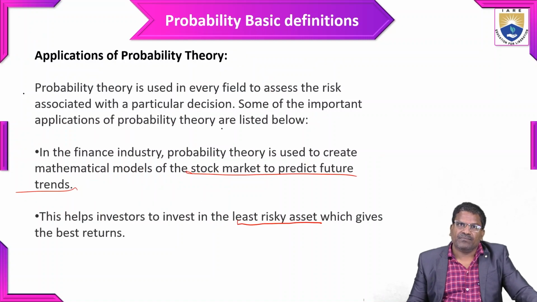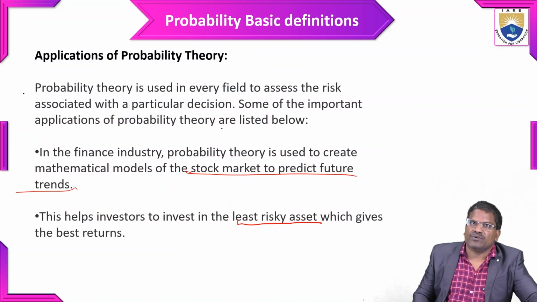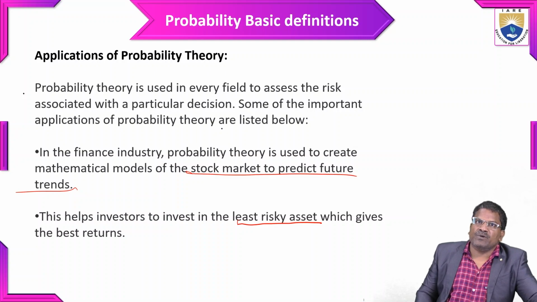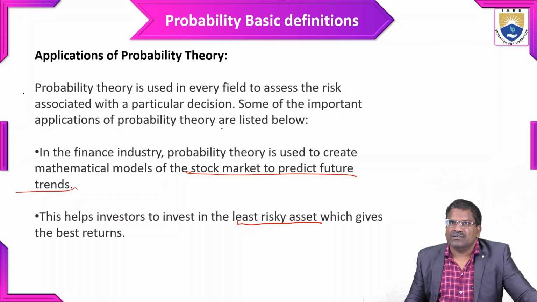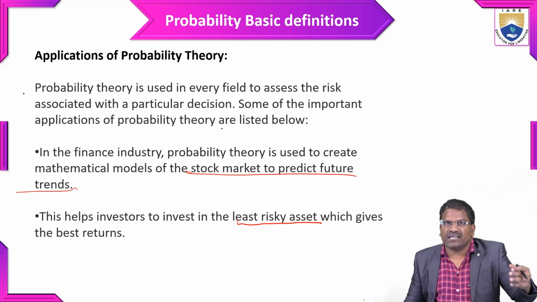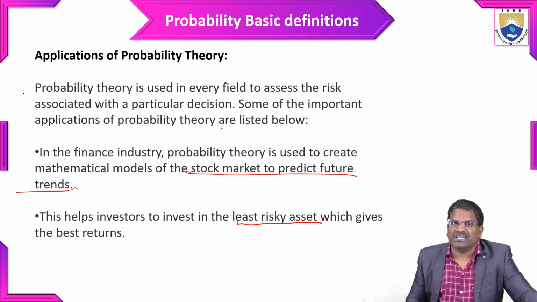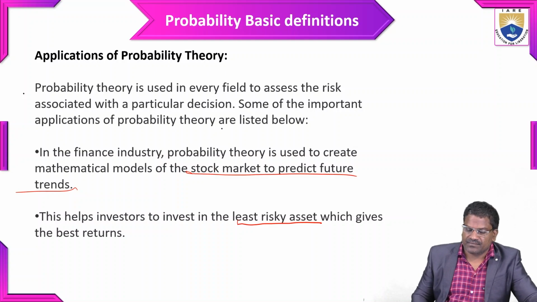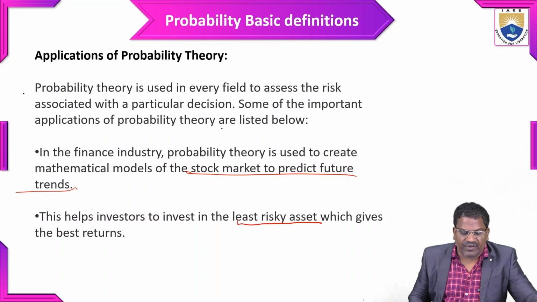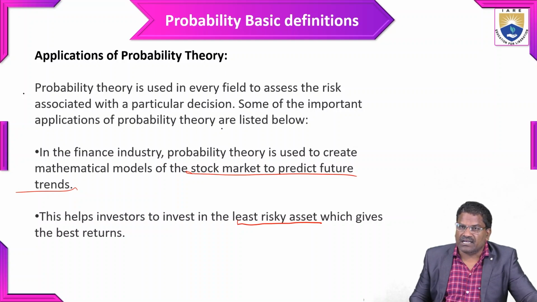Now let us see some applications of probability once again. Probability theory is used in every field to assess the risk associated with a particular decision. Some of the important applications of probability theory we can see here: in stock market to predict future failure trends, for investors to invest in the least risky asset.